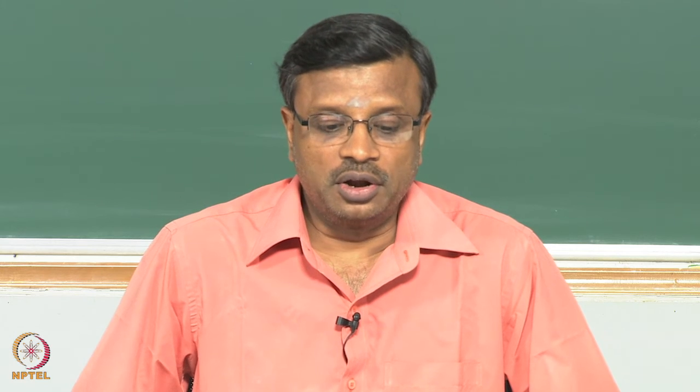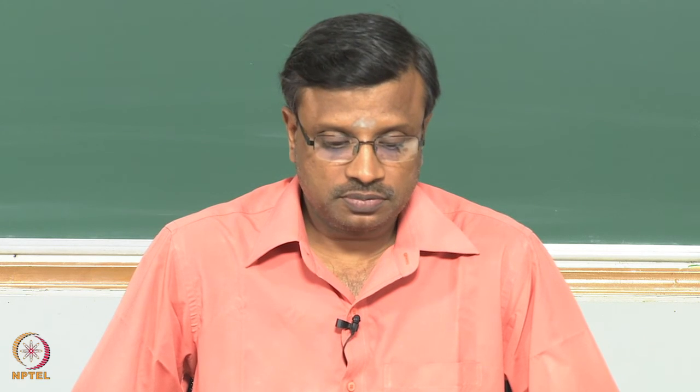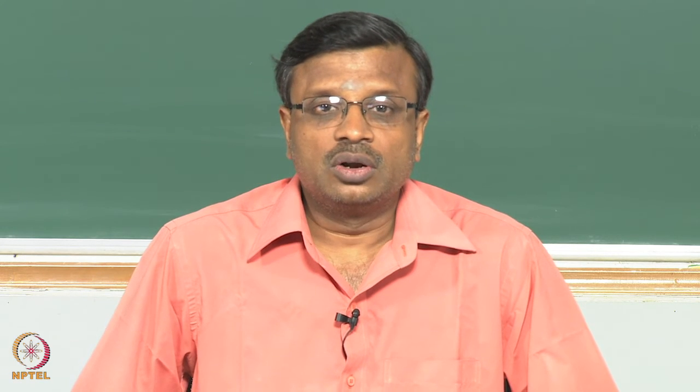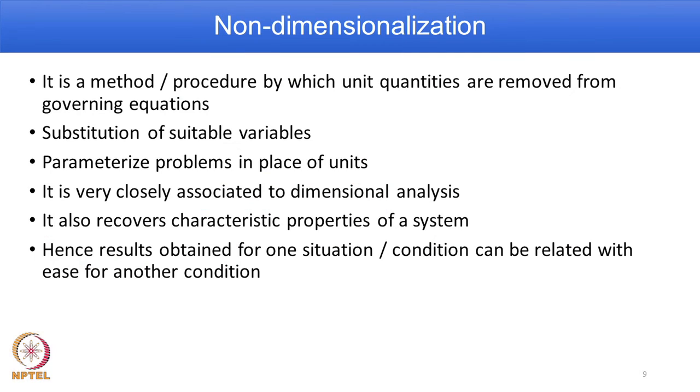This reduces the number of parameters in the problem, and by this procedure we can also identify characteristic properties of the system, which means a particular scale exists in a flow, either a velocity scale, length scale or time scale. That scale information is very helpful either to control or manipulate the flow, or to design a system based on that scale.